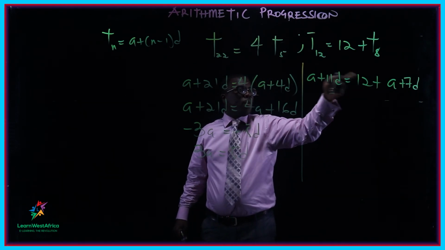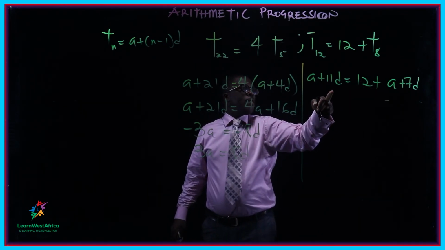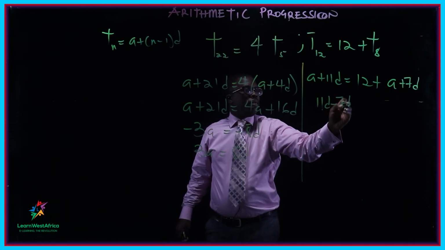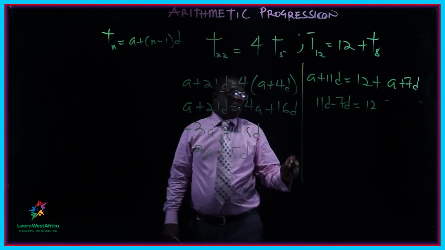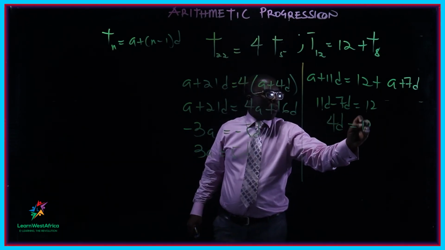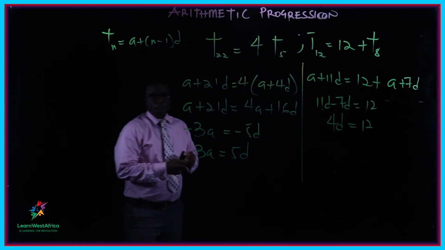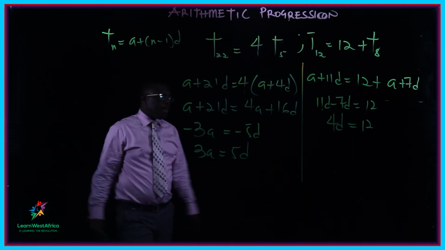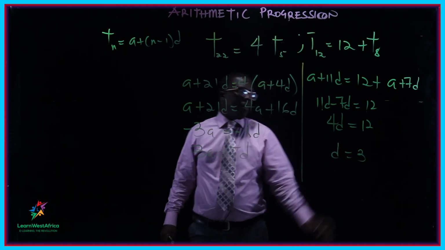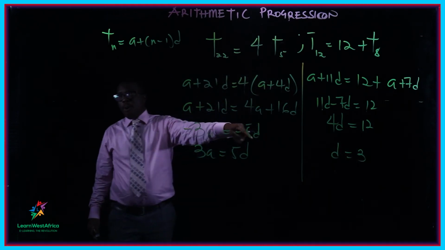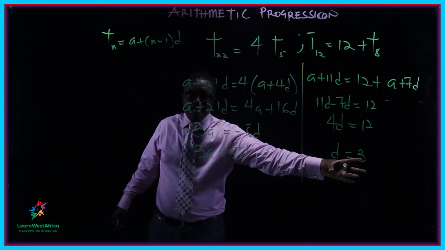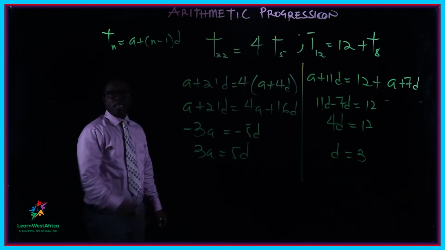Then you're going to have 11d minus 7d equal to 12. This is going to give you 4d is equal to 12, right? Hope that is clear. So from this, we quickly figure out our d to be 3, because 12 divided by 4 will give you 3. So our common difference just comes out easily, nicely. Our common difference d is 3.